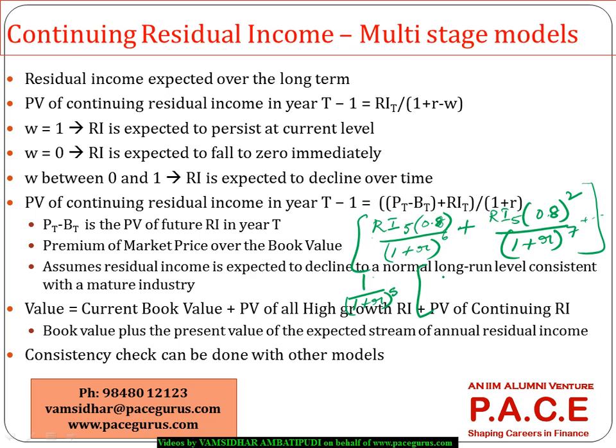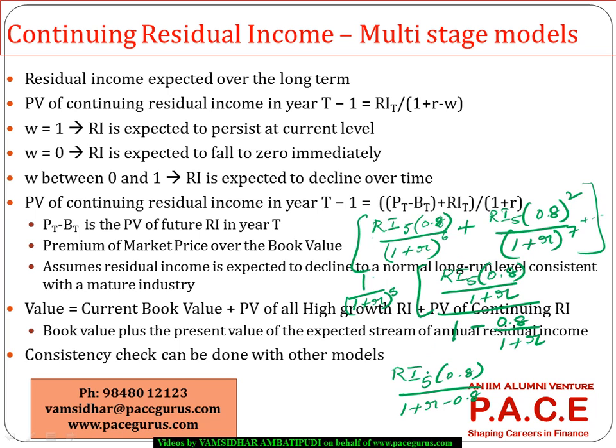So the sum of those infinite terms, the first term which is RI 5 into 0.8 divided by 1 plus R, divided by 1 minus whatever is the ratio. The ratio is 0.8 by 1 plus R. So which will come out as RI 5 into 0.8 divided by 1 plus R minus 0.8. This is what is coming out.